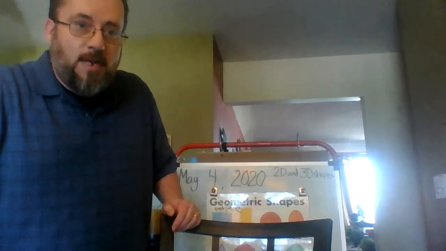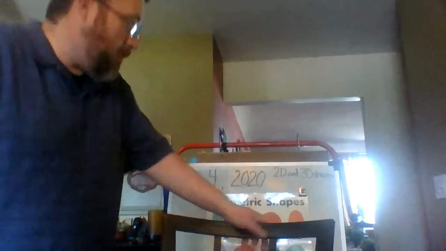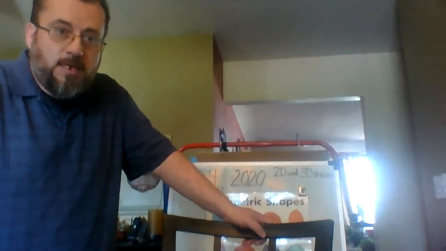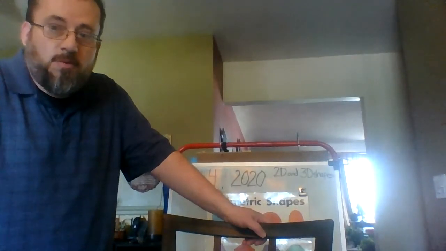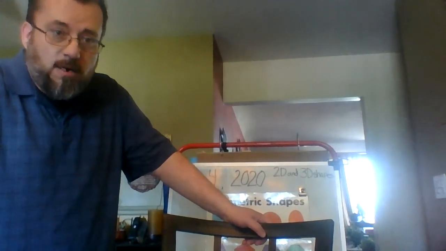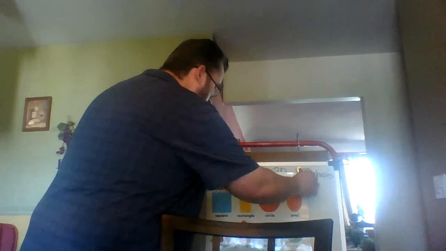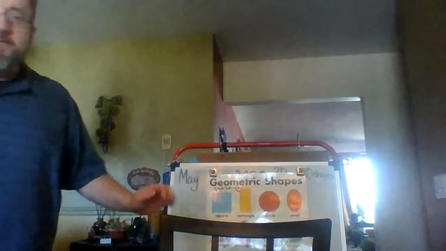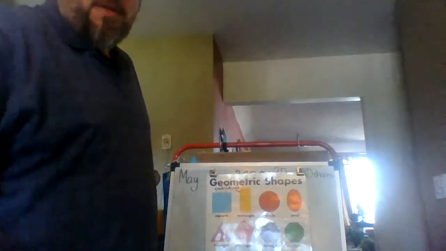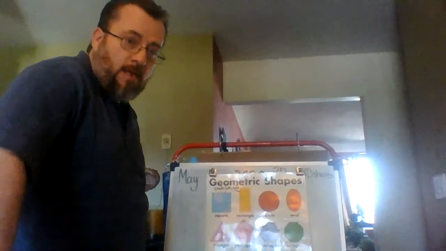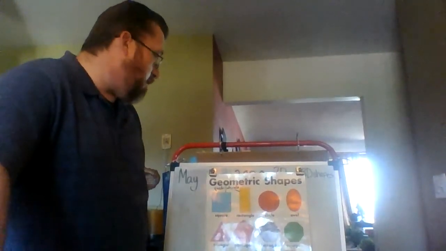The main thing I want to talk about today with two-dimensional and three-dimensional shapes is describing to you exactly what they are. The two-dimensional shapes, I have this poster here. Two-dimensional shapes have only length and width.